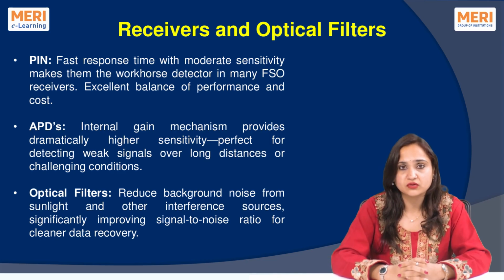Optical filters are also used in the receiver to reduce background noise from sunlight and other interference sources. By allowing only the desired wavelength to pass through, optical filters significantly improve the signal-to-noise ratio, leading to cleaner data recovery.